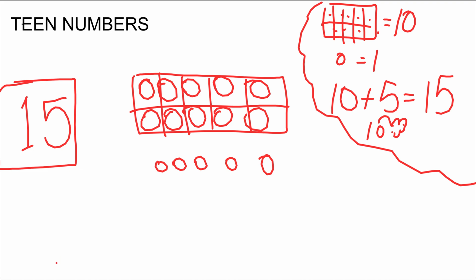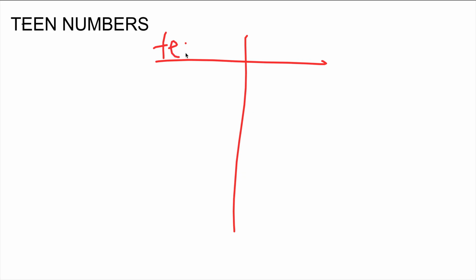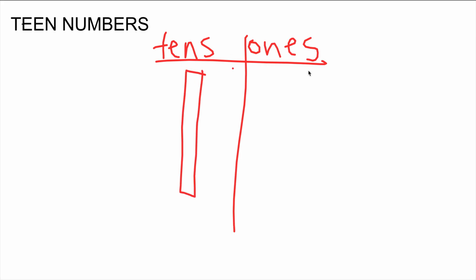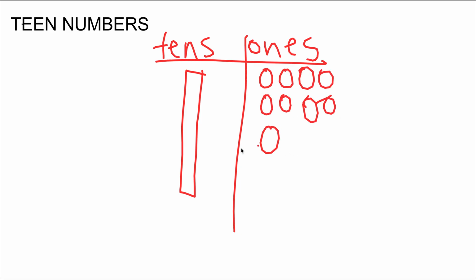So remember, teen numbers have a place value of 2, and you have tens and you have ones. And any teen number has only 1 ten, and it can have 1, 2, 3, 4, 5, 6, 7, 8, or 9 ones.